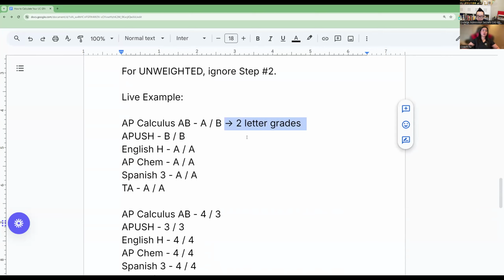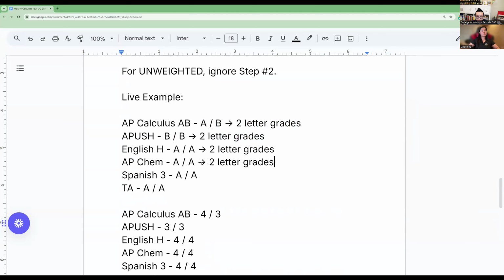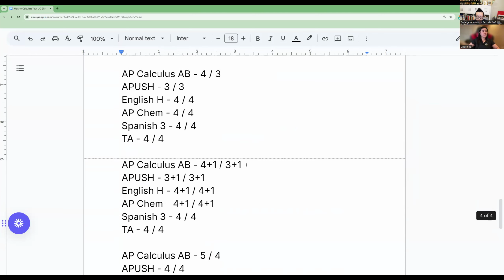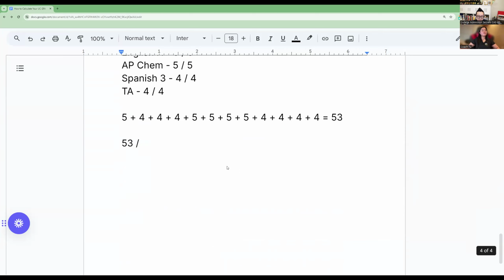So 6 times 2 letter grades is 12. You will divide 53 by 12, and 53 divided by 12 is equal to 4.417. This will be your weighted GPA.